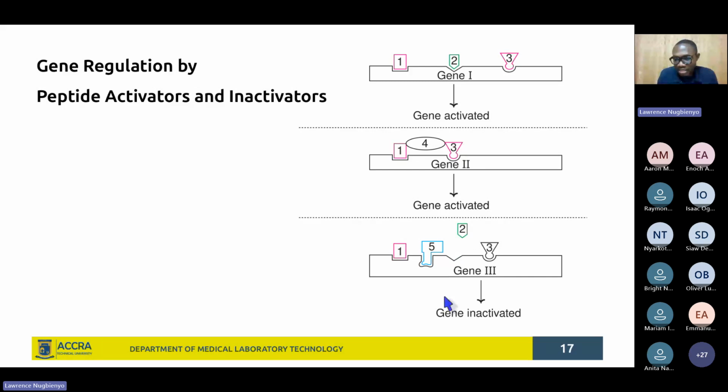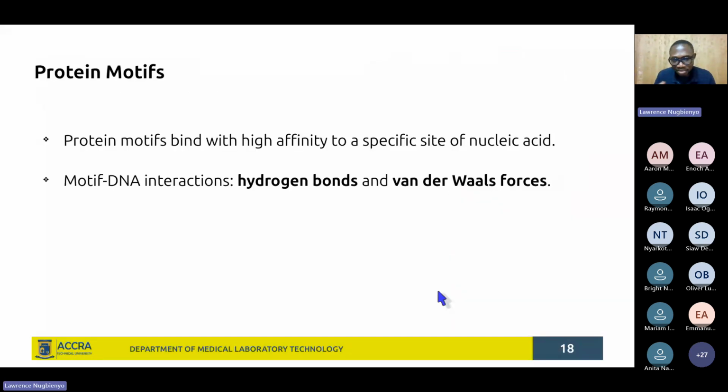And that renders the gene inactive. So there can be so many complex systems by which proteins will activate or inactivate genes. Right. So that's to look at it broadly, that you can have different ways.